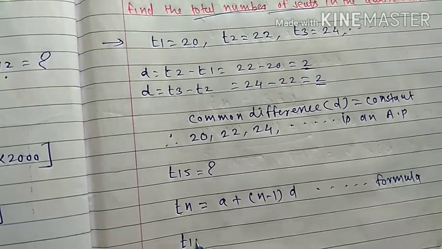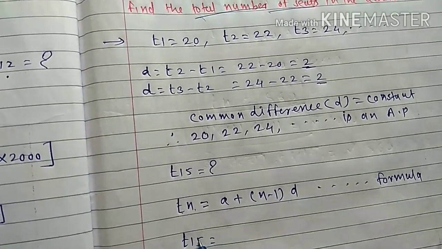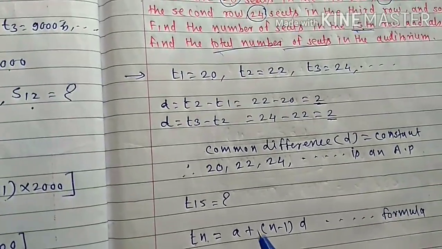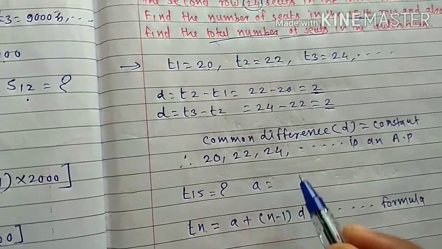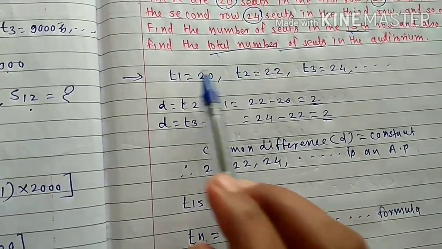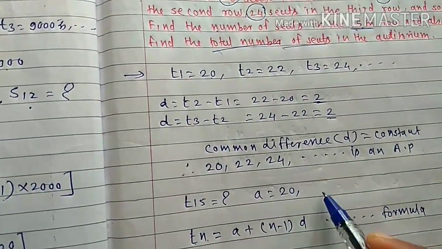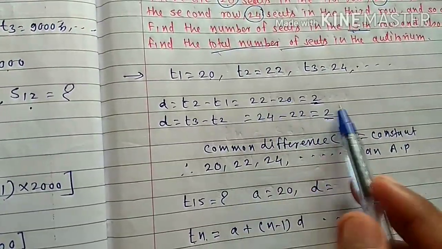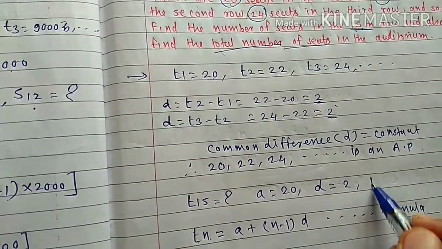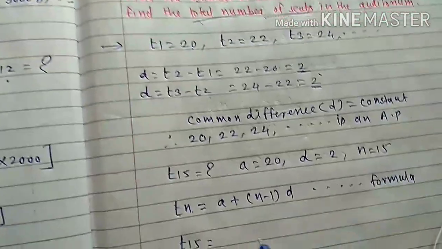So for T15, n is equal to 15, a is equal to the first term, that is 20, and d is equal to 2.